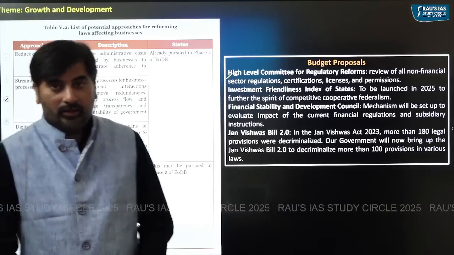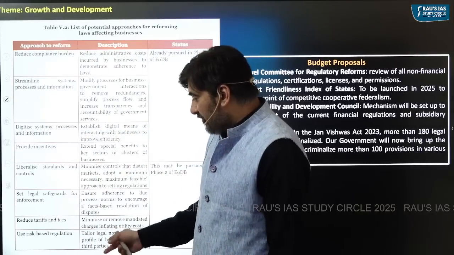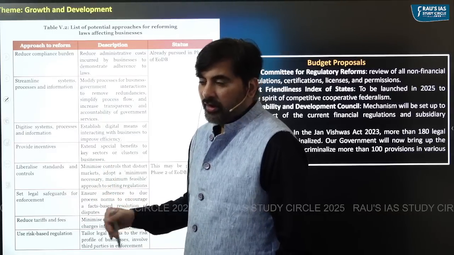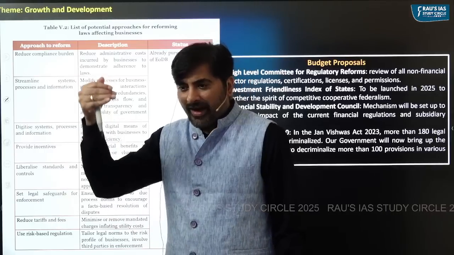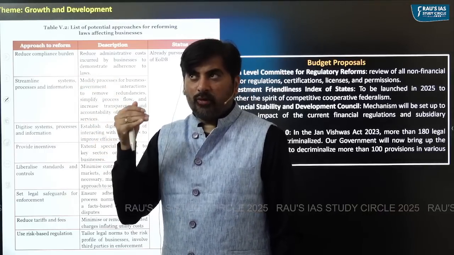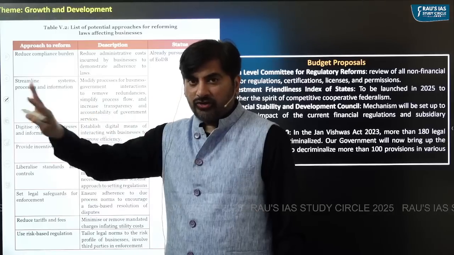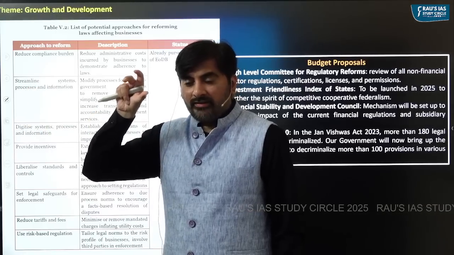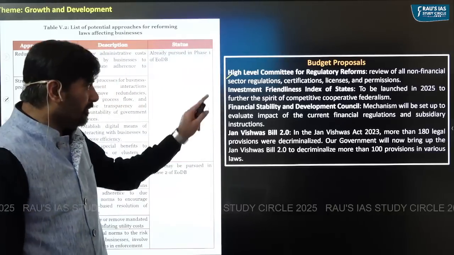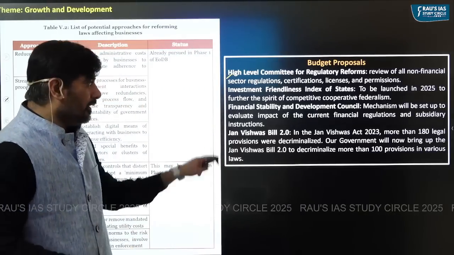Like I said, we need to follow the minimum necessary, maximum feasible approach. So this committee will try to identify the rules and regulations which may impose a substantial amount of cost and should be done away with, and the minimum rules and regulations that should be imposed will be looked after by this particular committee.